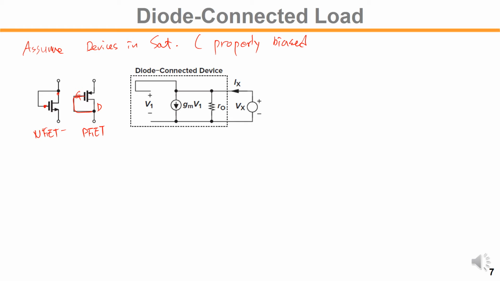Now we will draw the small signal circuit and try to find the equivalent impedance. In this example, the other terminal is grounded. We apply the Vx test voltage through it, right? And then measure the test current.